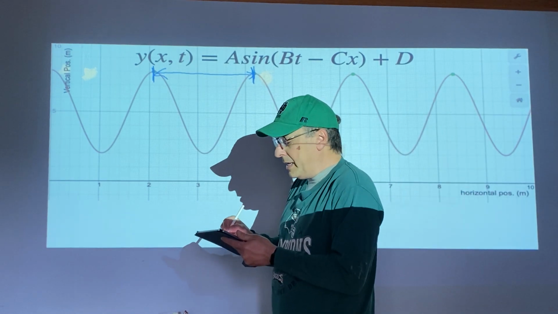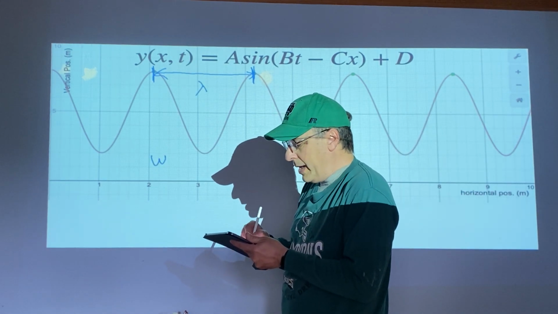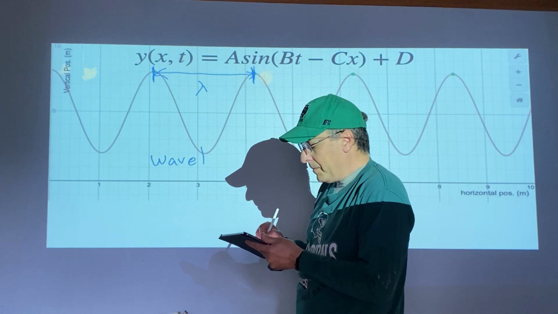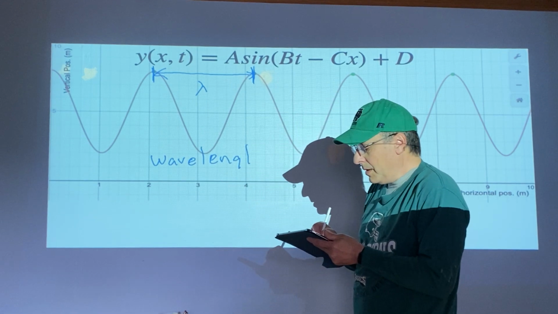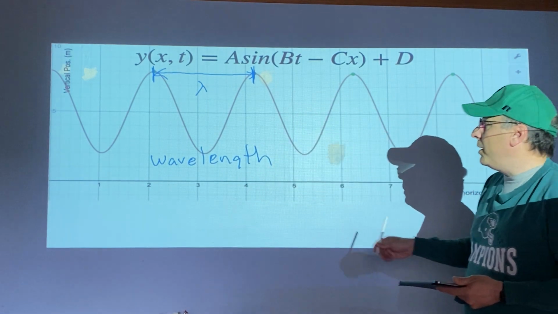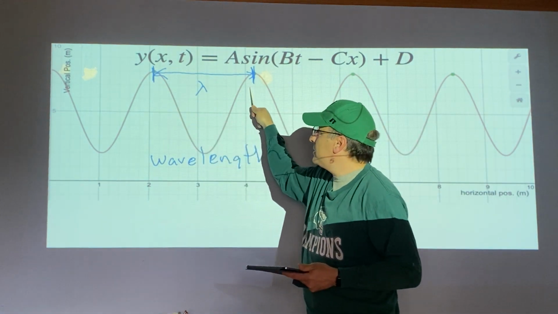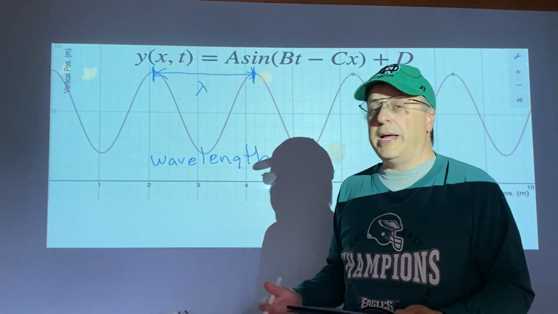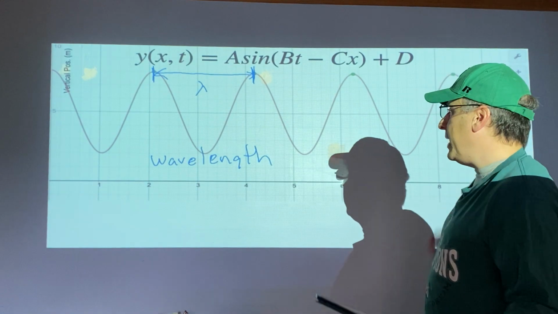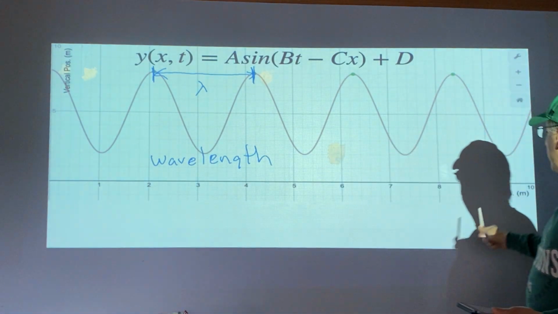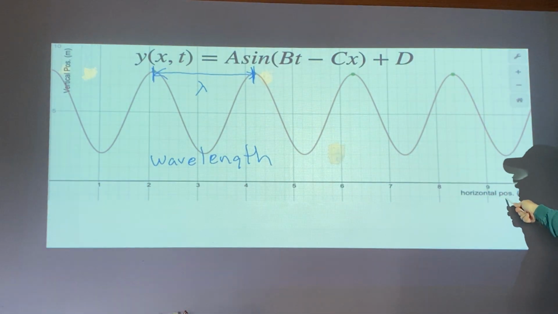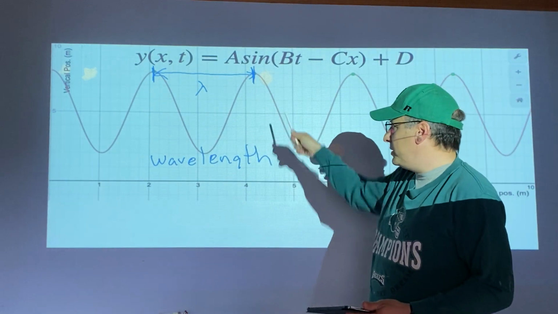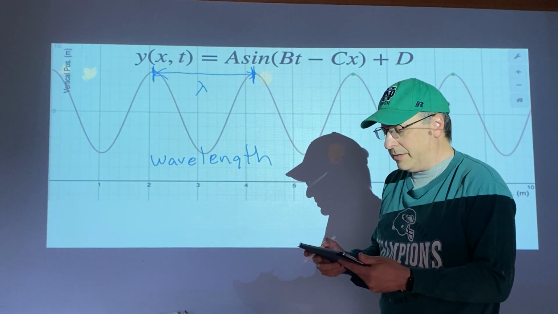So what this represents is what's called wavelength. It's how long it is from one part of the wave to the next time you get to that same part of the wave. How long is the wave? It's called your wavelength. It's horizontal position on the x-axis, and then you can see what your wavelength actually is.